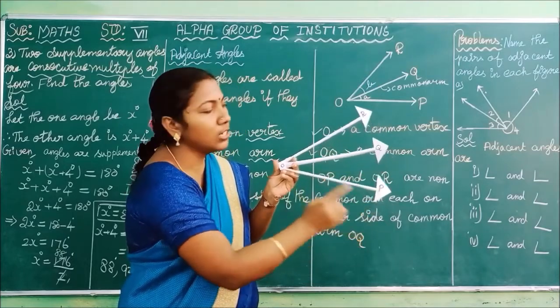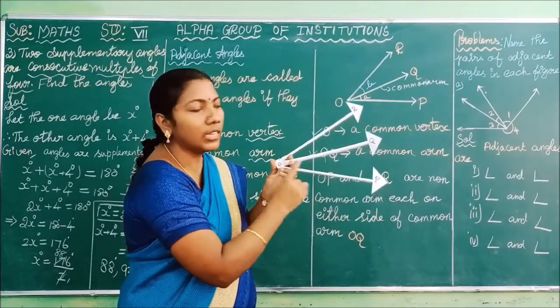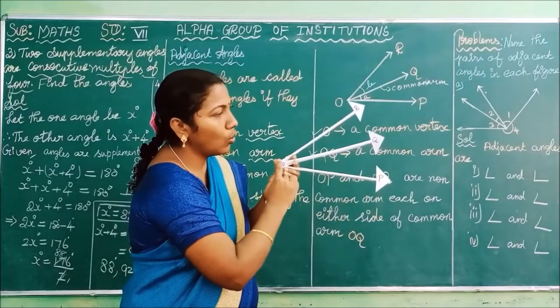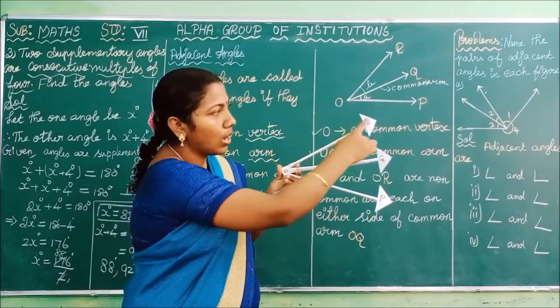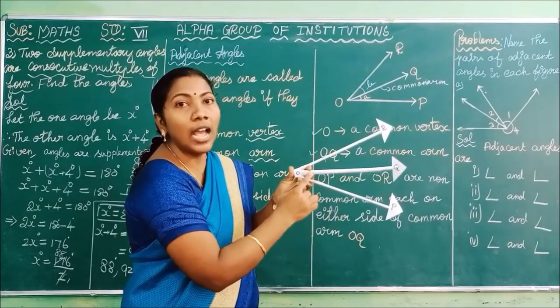Do you understand, children? So what are the two adjacent angles? P O Q and Q O R. These two are adjacent angles.